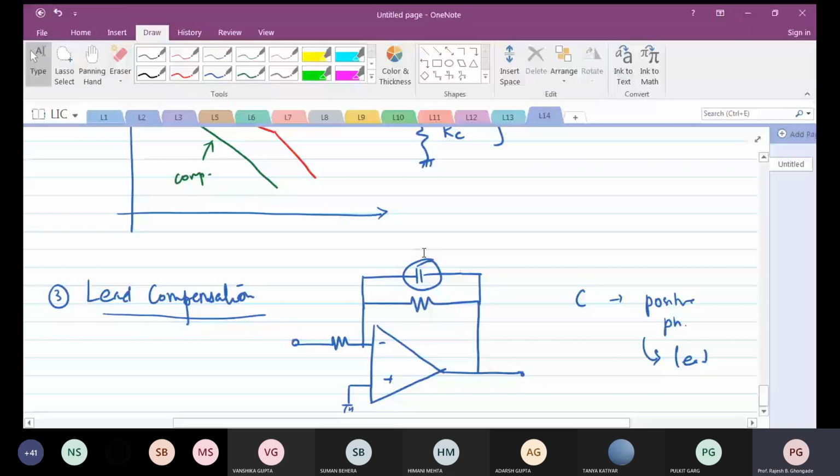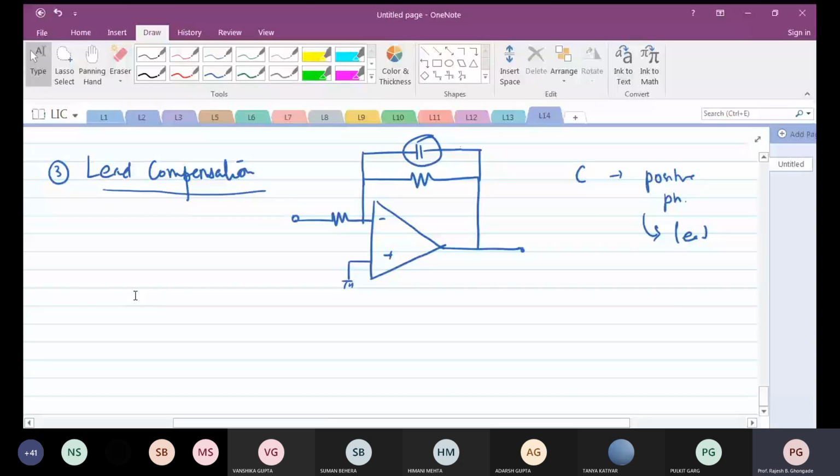That is called lead compensation. You should know these things, because many times the operational amplifiers are not internally frequency compensated. You have to do that externally. This will avoid the instability of the operational amplifier circuit. Is that clear to you?